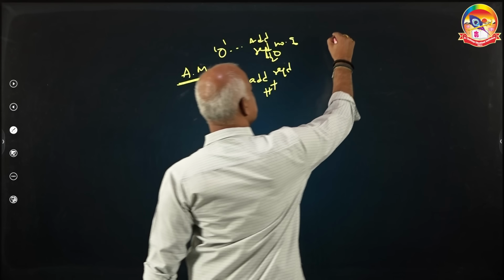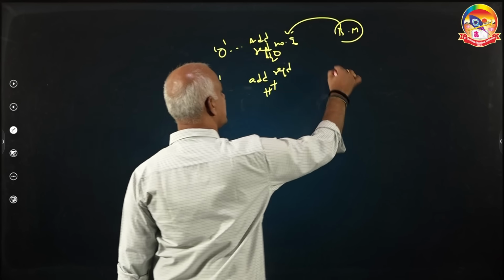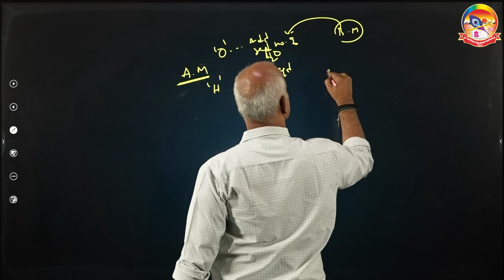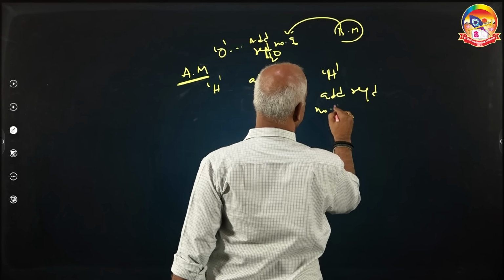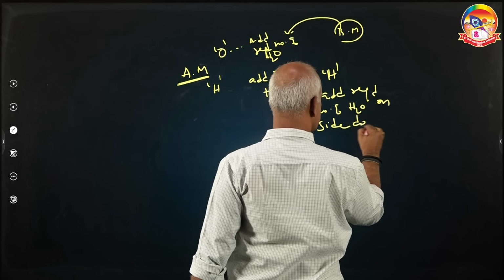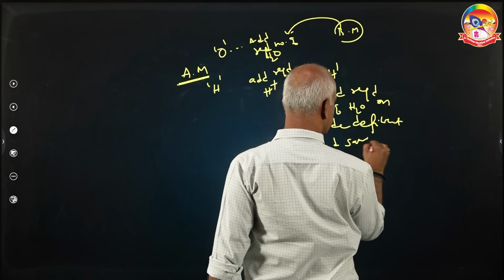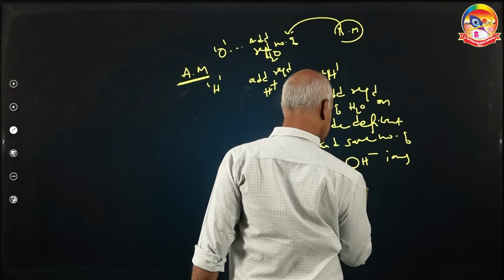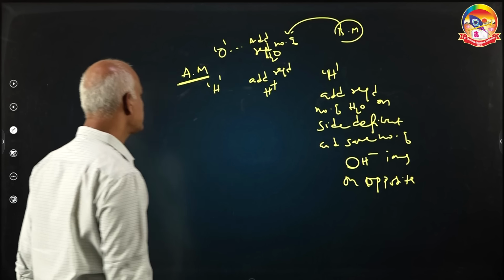Now if it is basic medium, same for oxygen, but for hydrogen add the required number of H2O on the side deficient and the same number of OH minus ions on the opposite side. Please see that these two rules are known to you.